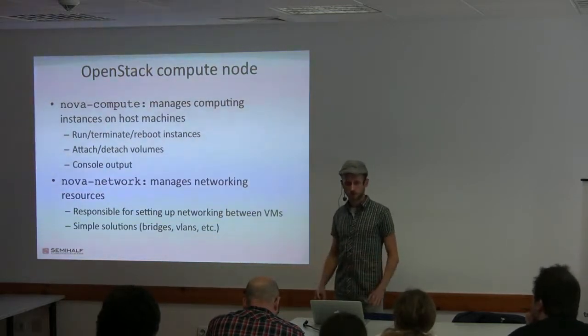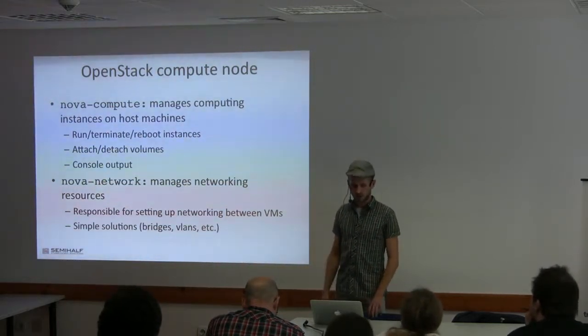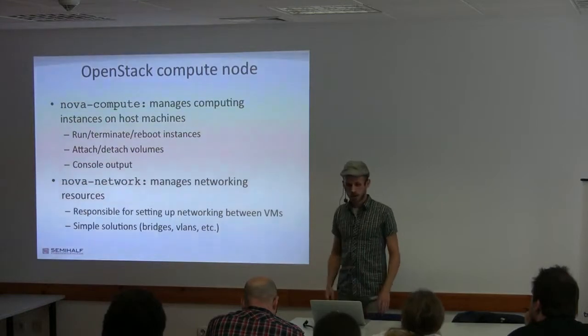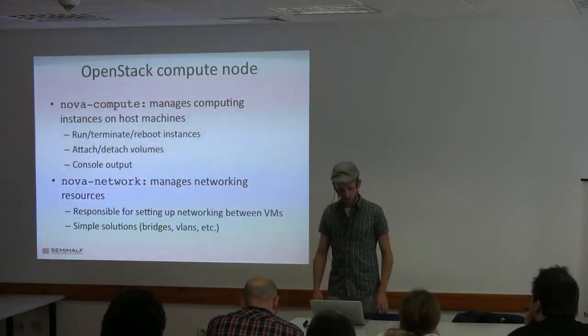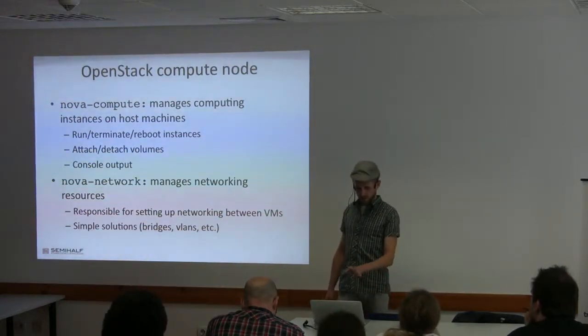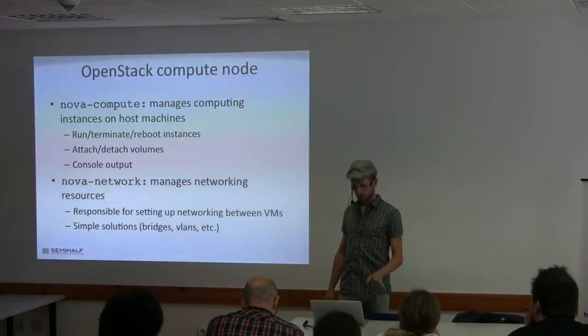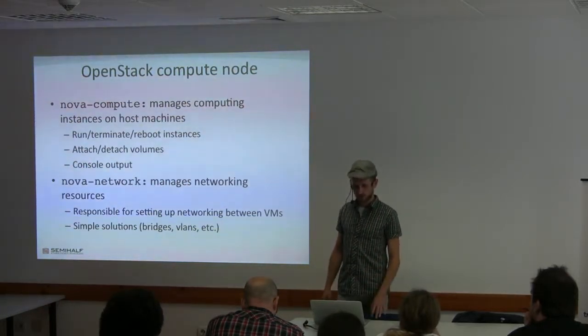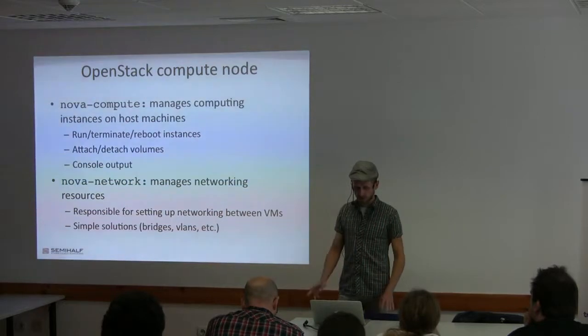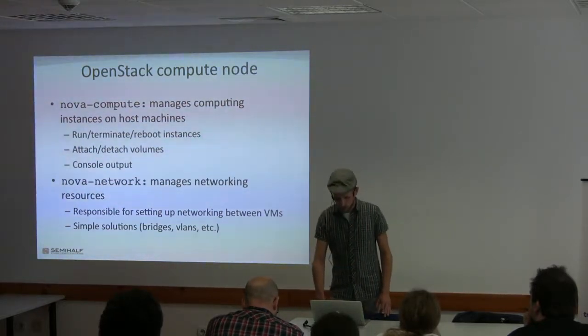Of course, there was also libvirt, but libvirt didn't require as much work as those two. So Nova Compute is responsible, as I said previously, to spawn and destroy VMs, and Nova Network is responsible for setting up the networking.